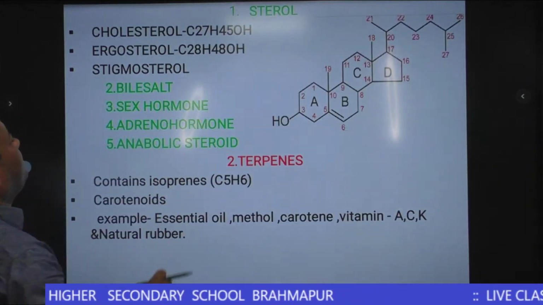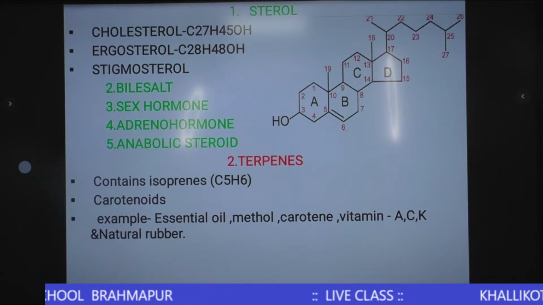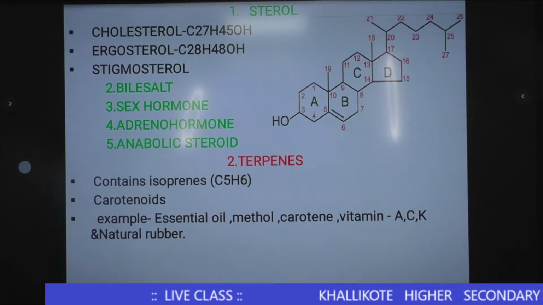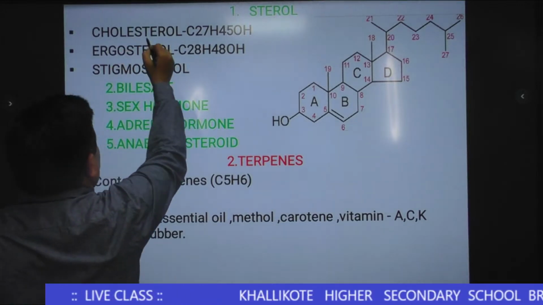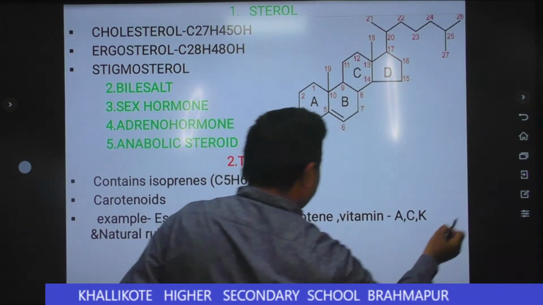First one is cholesterol, ergosterol, stigmosterol. Sterols are of three types: one is cholesterol, second is stigmosterol.